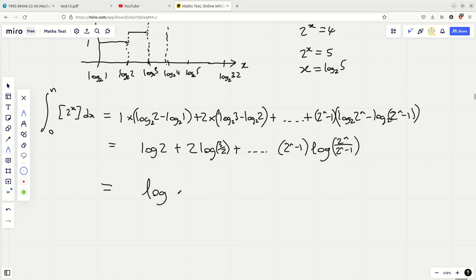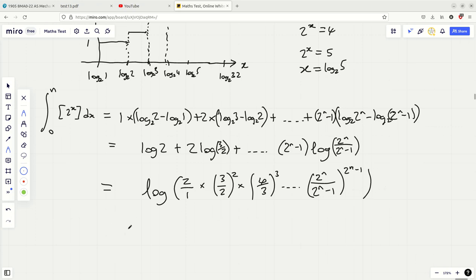We could write this as log of 2 over 1 times 3 over 2 but squared, so we could have it as 3 squared over 2 squared, times, if you like, the next term: 4 over 3 cubed, dot, dot, dot, all the way up to 2 to the n over 2 to the n minus 1, to the power of 2 to the n minus 1. That's just going to fly up there as a power, and that's a big log expression.